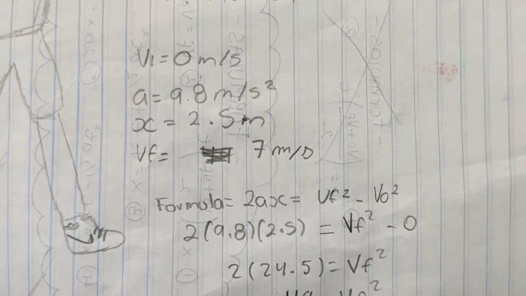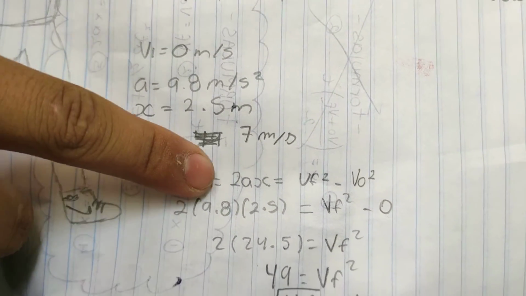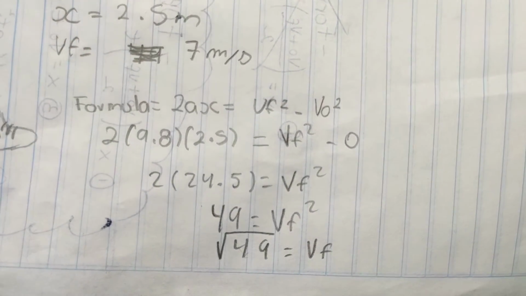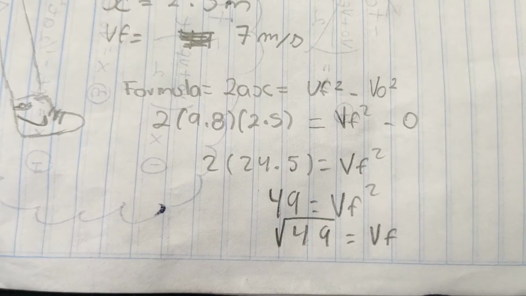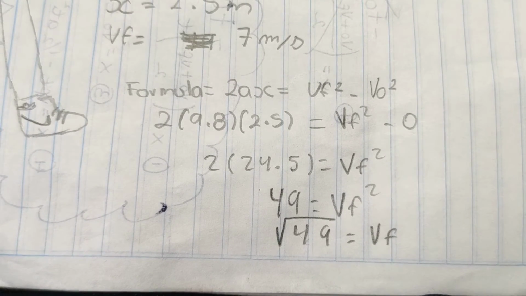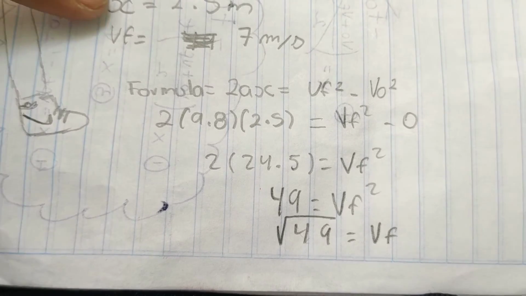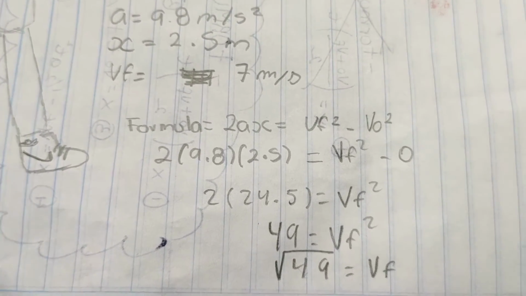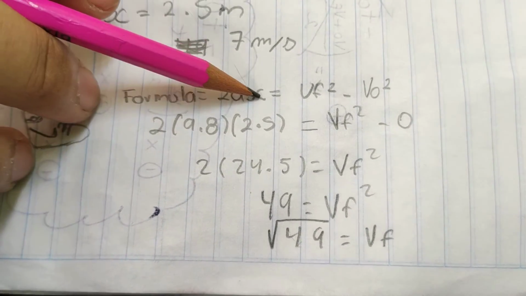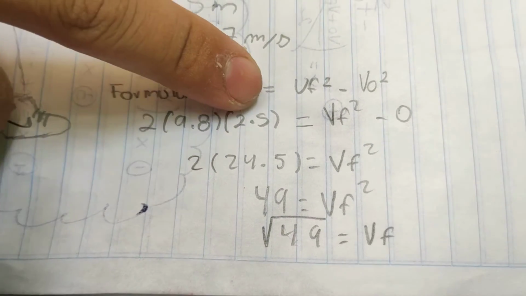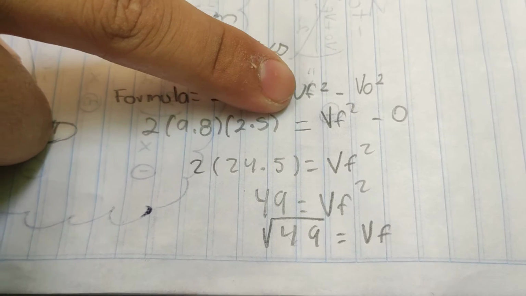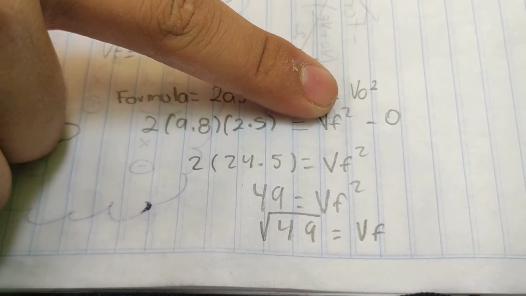So the formula we're going to use is 2 multiplied by the acceleration and the distance, that is 2.5 meters, and this would equal the final velocity squared minus the initial velocity squared.